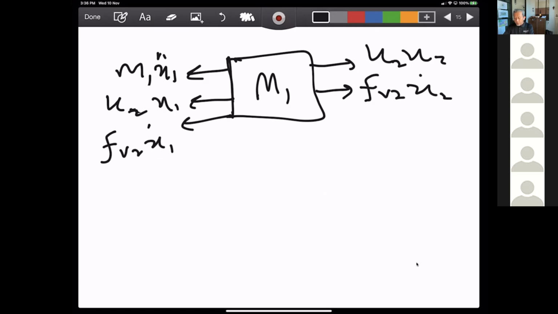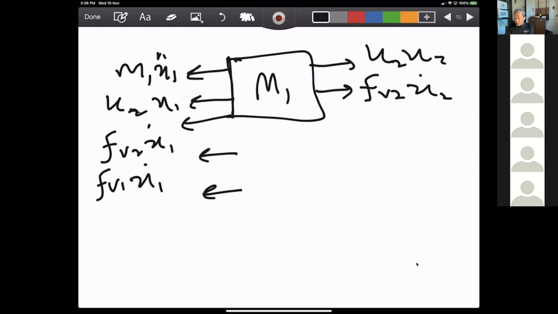And then you have FV1, which is the damper near the M2. So I continue here. Plus the spring. You have 1, 2, 3 springs over there.